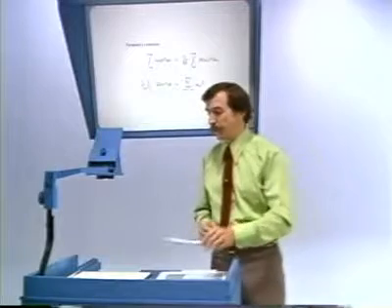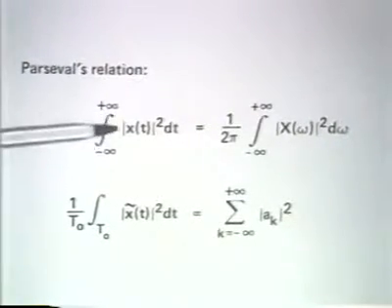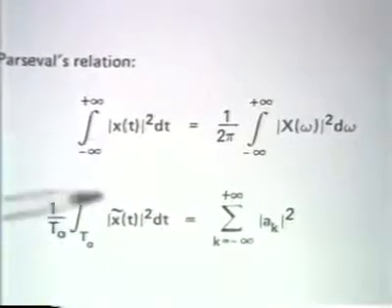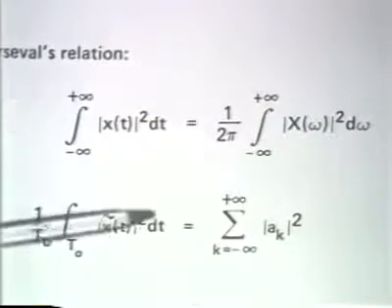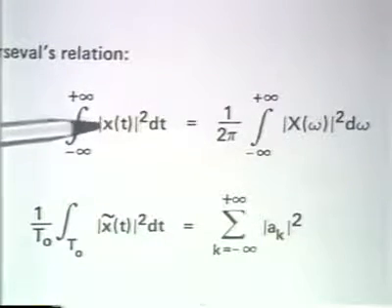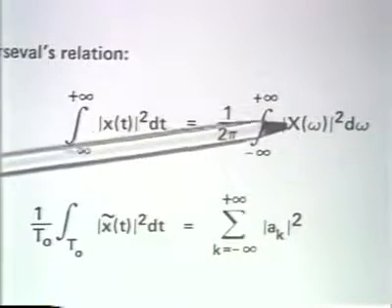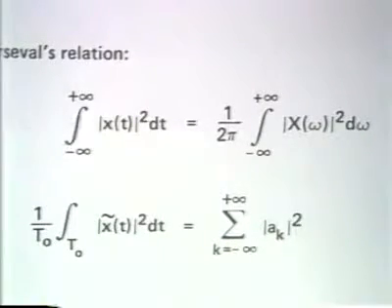Well, that's summarized here. What's meant by the energy is, of course, the integral of the magnitude squared of x of t. And the statement of Parseval's relation is that that integral, the energy in x of t, is proportional to this integral, which is the energy in X of omega.